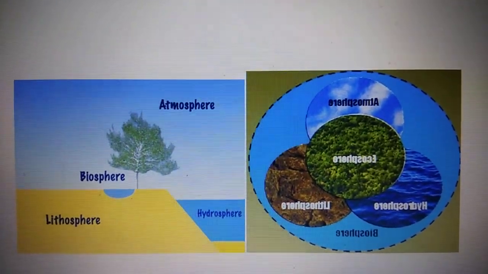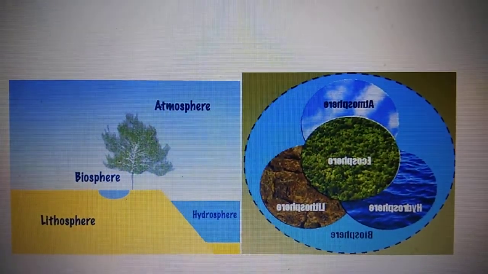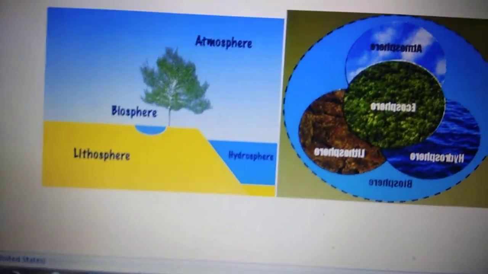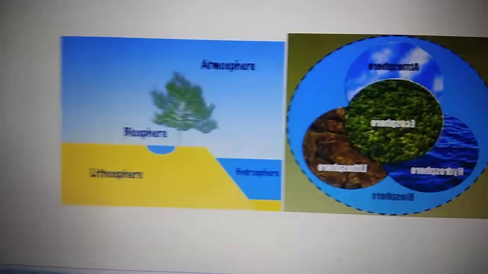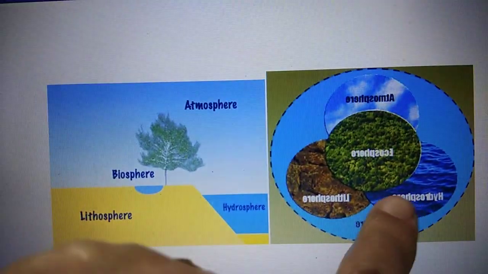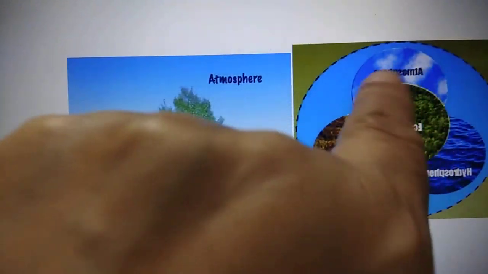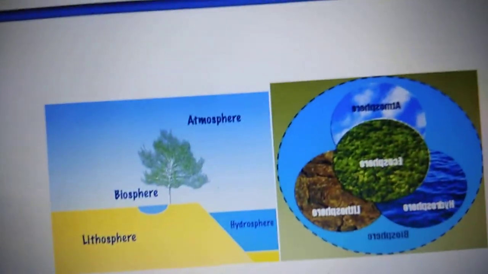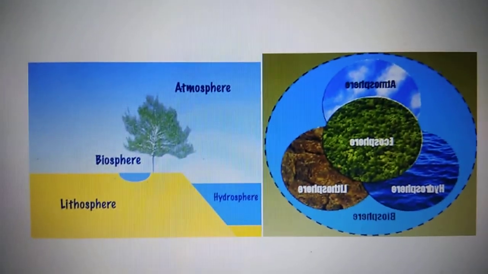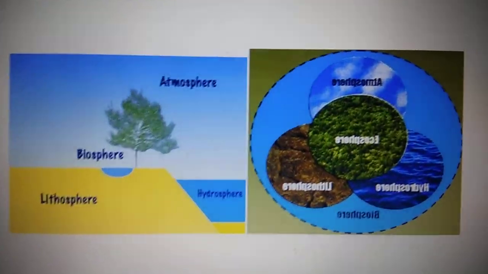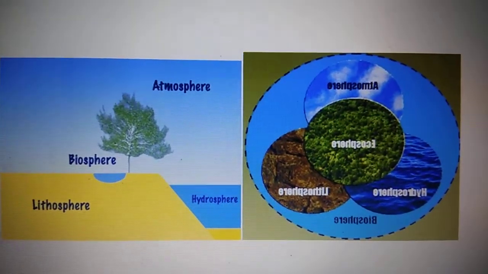And when all these three are there, then there is where you find living beings, isn't it? So you can see if this is atmosphere, this is hydrosphere, this is lithosphere, land, and when three come in contact, we have biosphere. Yes, it is the sphere where we find living beings.